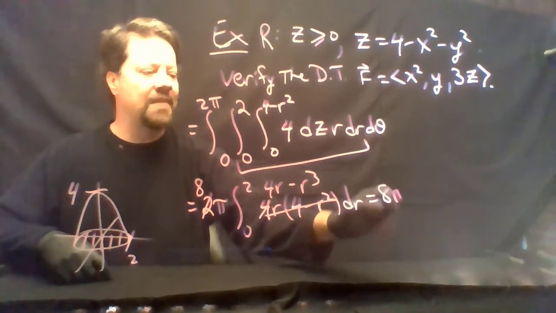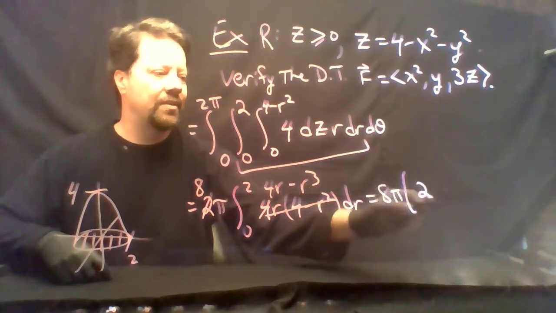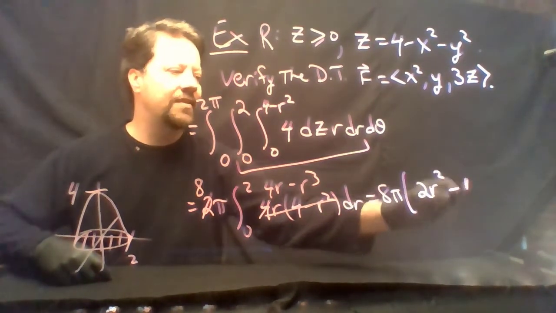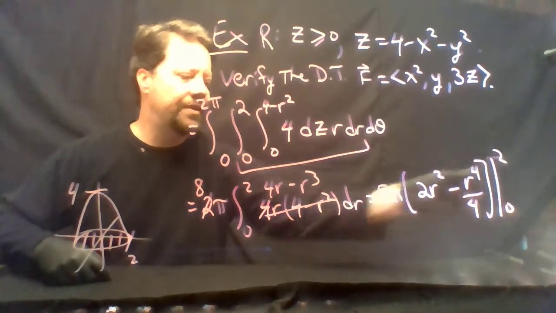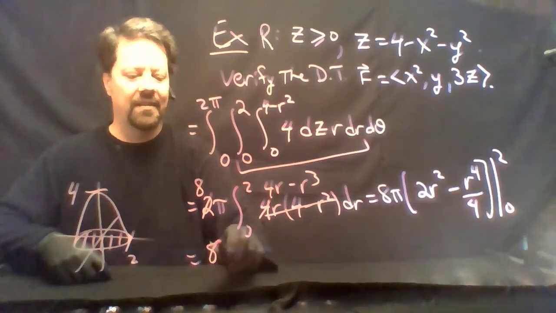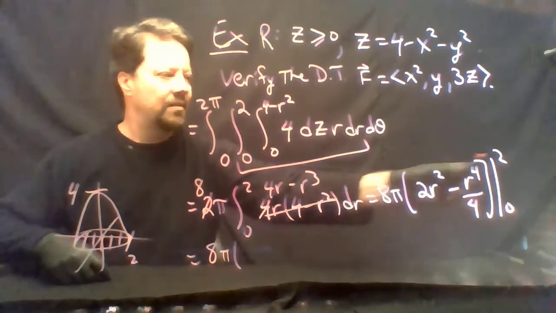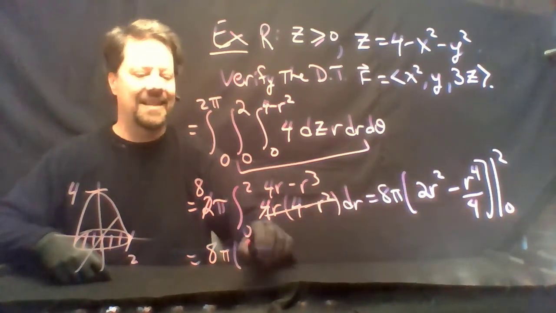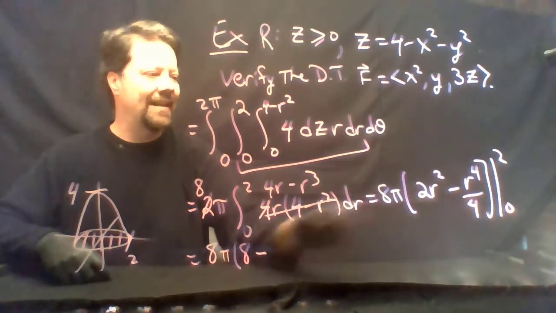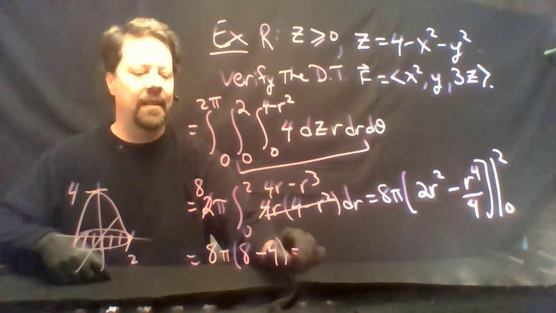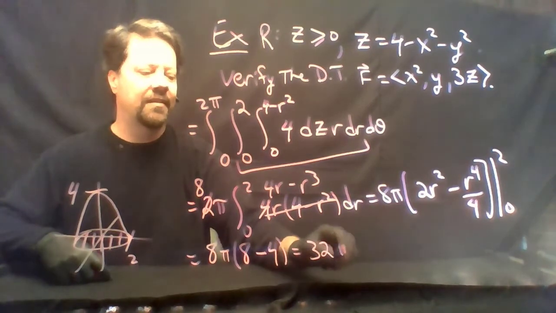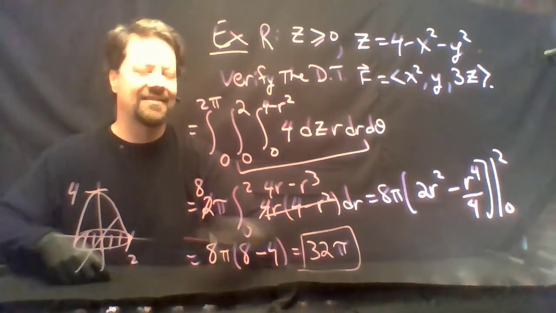That gives us 8 pi times 2r squared minus r to the 4th over 4, evaluated from 0 to 2. Plugging in, 2 squared times 2 is 8, minus 2 to the 4th is 16, divided by 4 is 4. The answer is 32 pi.